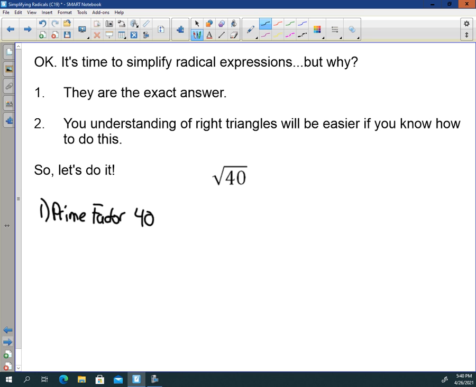40. Do you remember factor trees back in the day? I'm going to do this over here. Now, factor trees are ways of coming up with lists of numbers that you would multiply to get the number up above. In other words, 40 is like 2 times 20, right?